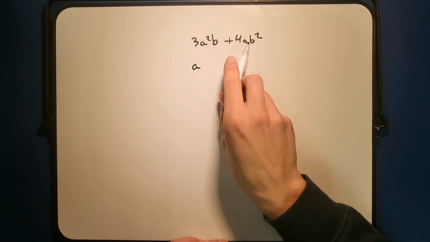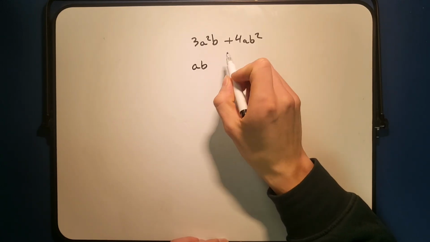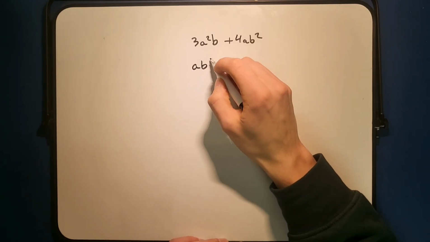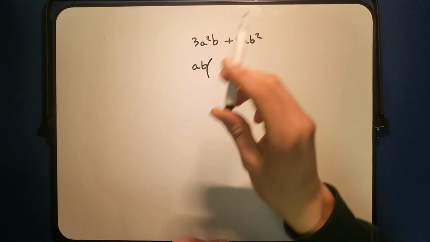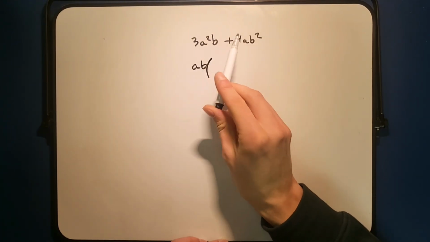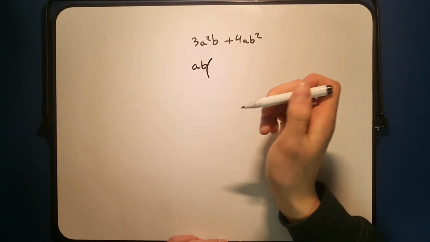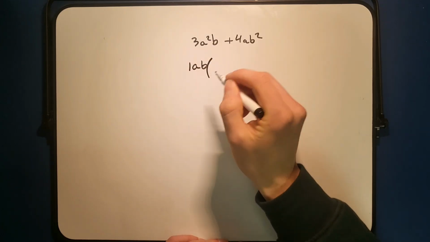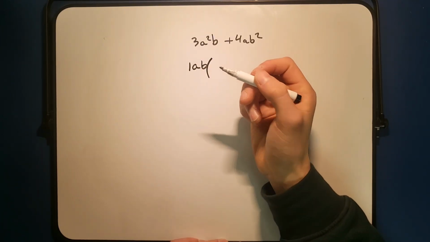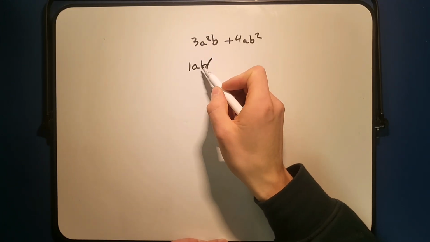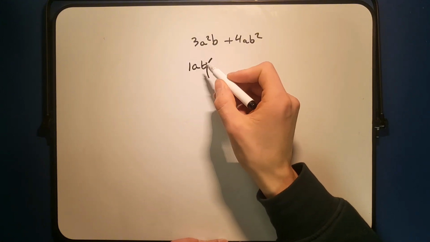Now b and b squared, that would be b as the highest common factor. And now we're going to make a bracket. Now, in fact, there is a common factor between 3 and 4, which is 1. But 1ab and ab is the same thing, so there is no need to write 1ab. But for the sake of learning, I will write it there.